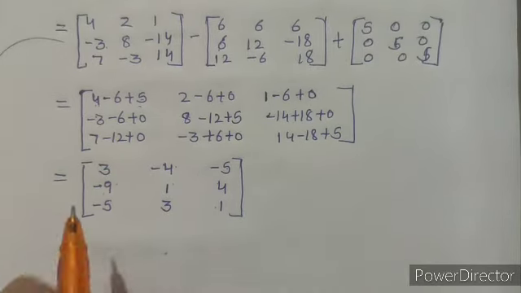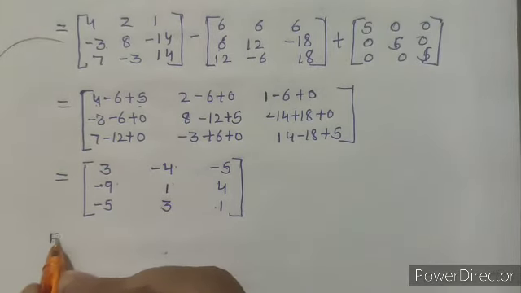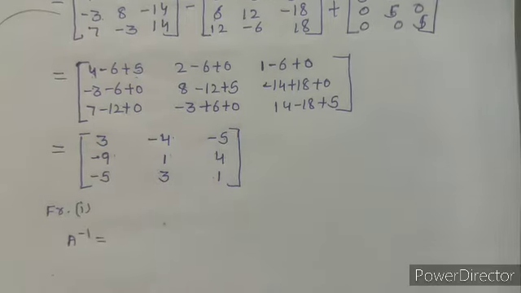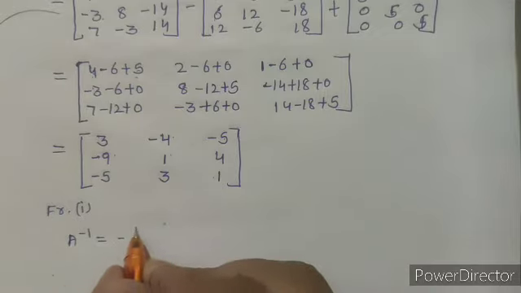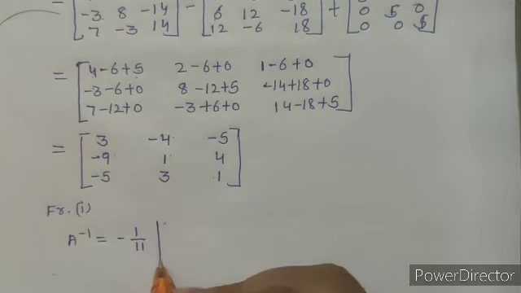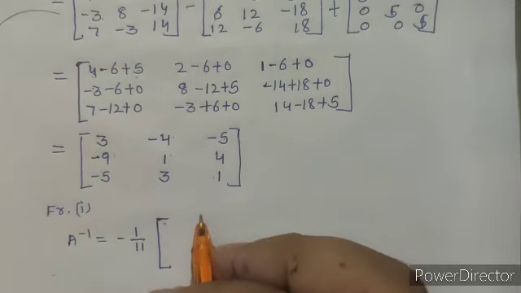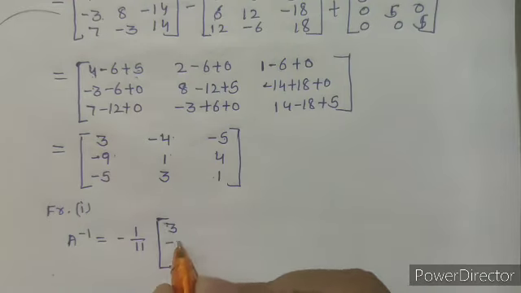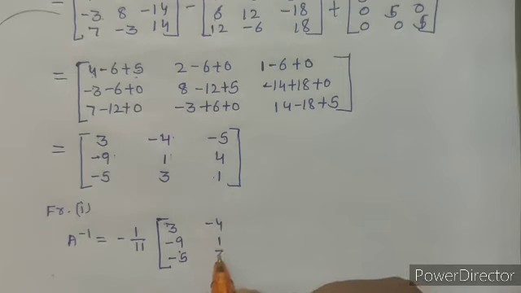Now from equation first we can say that A inverse is equal to minus 1 upon 11 into the matrix 3, minus 4, minus 5, minus 9, 1, 4 and minus 5, 3, 1.